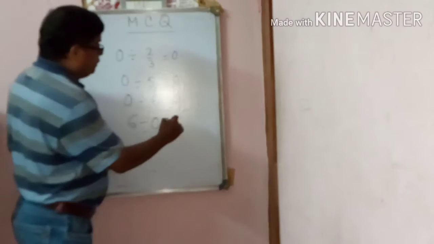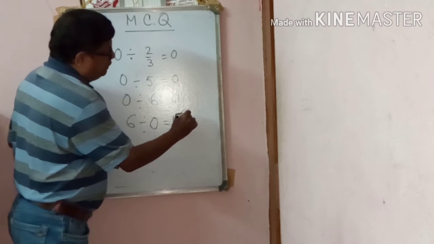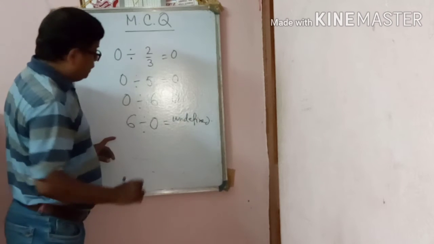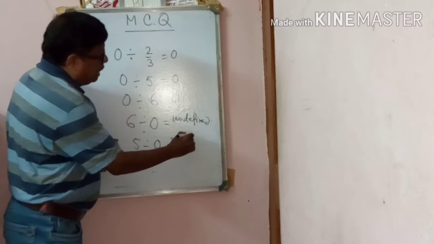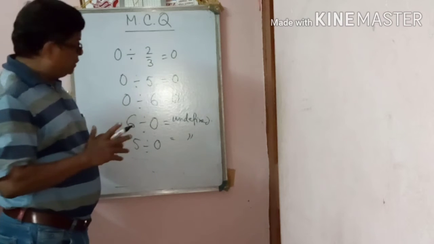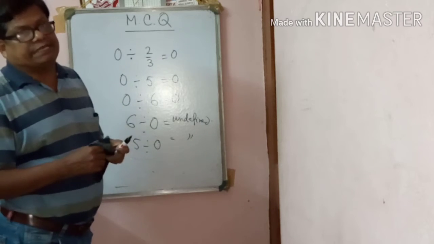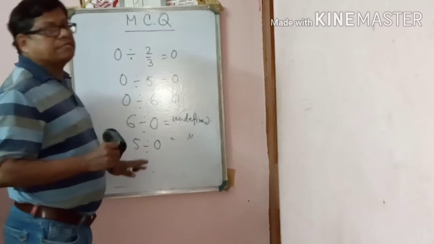Undefined, yes. This has no real value. This is not defined, or undefined. You have to write meaningless. Suppose 5 divided by 0 is undefined. So division by 0 is meaningless. No meaning. No answer is there.